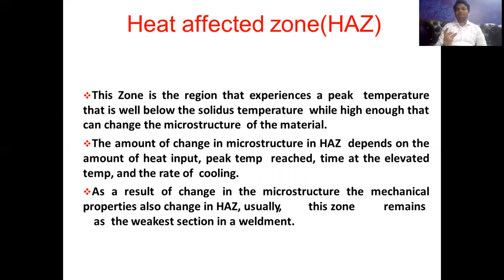As the microstructure changes due to the effect of the heat input, the peak temperature or the rate of cooling, the mechanical properties also change. That's the reason why the HAZ region remains the weakest region in the weldment.